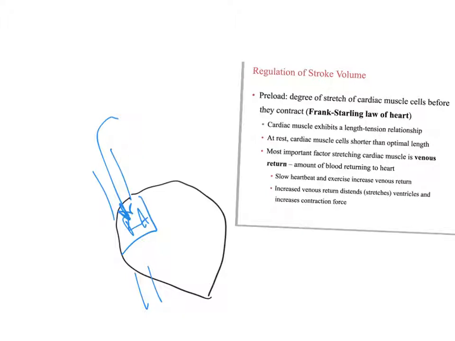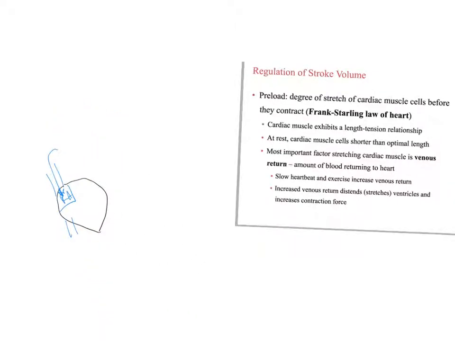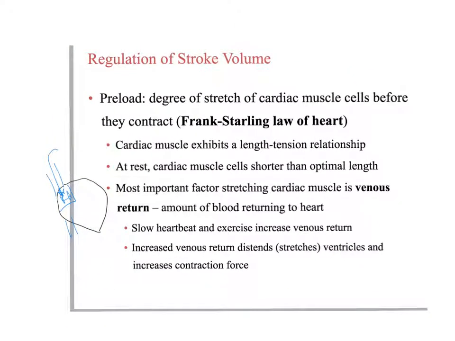So we said what increases cardiac output? Give me an example of something that increases cardiac output. We've already said it here today. Exercise. Exercise increases cardiac output by increasing heart rate. And what else? It also increases stroke volume.